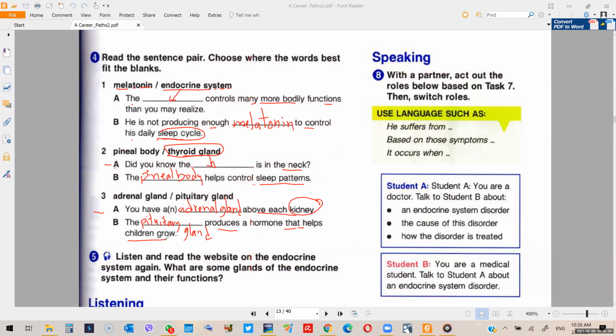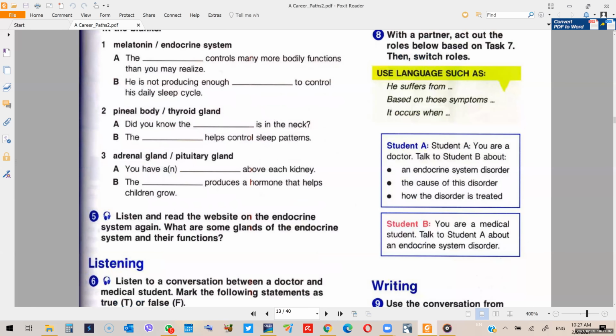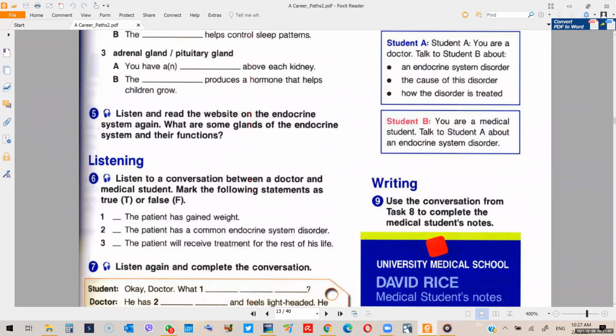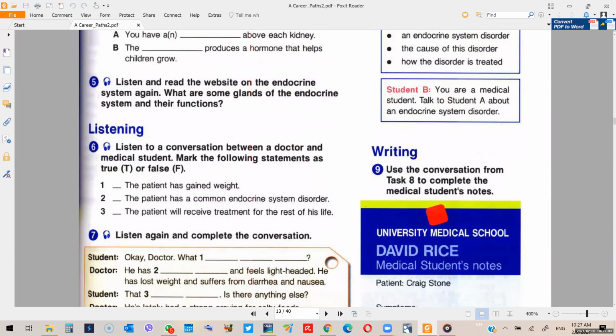Okay, now these are the questions, and now we are going to deal with the listening. Today is the first class where we are using the audios, and of course the listening and audio tapes help you to understand the language better and to develop your linguistic skills. Now we have a conversation between a doctor and a medical student.